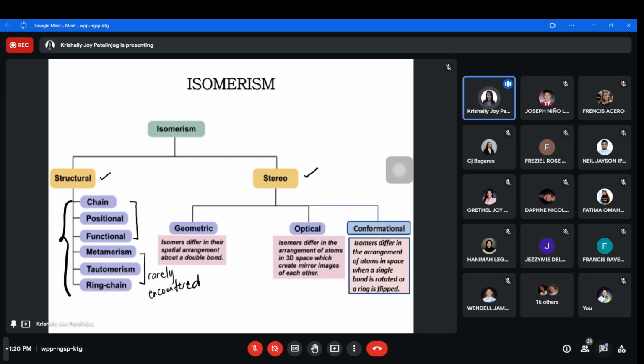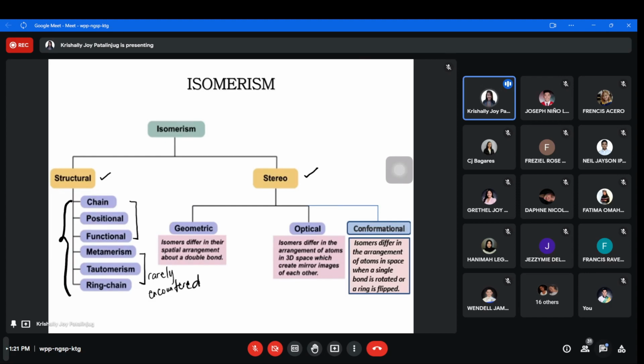Alright? So ganito class, during my whole discussion sa isomerism, I will not be letting you draw structures of isomers. Ito yung dapat i-target or i-achieve nyo for this topic about isomerism. Dapat alamin nyo, i-master nyo how to identify if it is a structural or stereoisomerism.